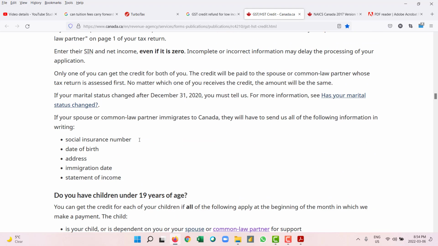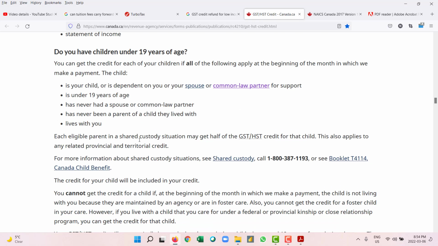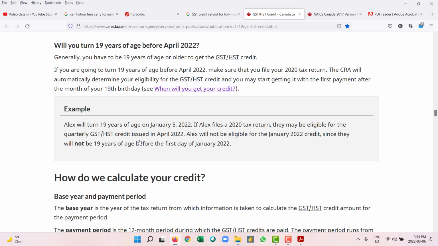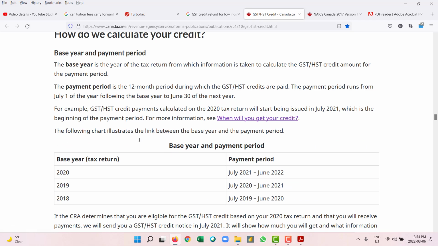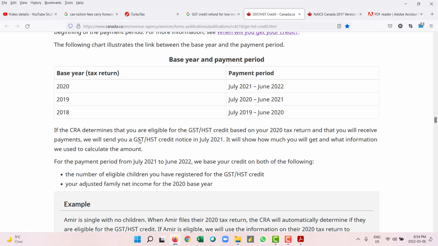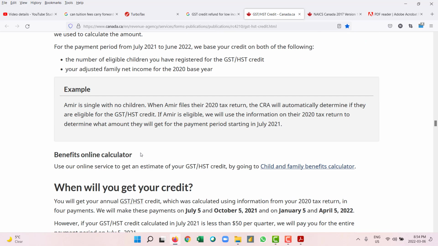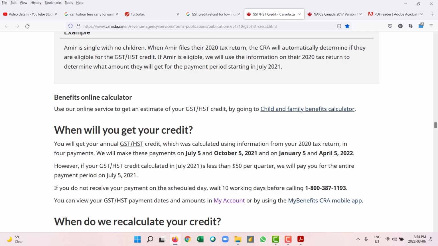Okay, for the GST credit, I searched a website and different videos on how I can claim it. You need to claim it from the CRA, the Canada Revenue Agency. But before being eligible for the GST credit, you need to submit your tax return first.